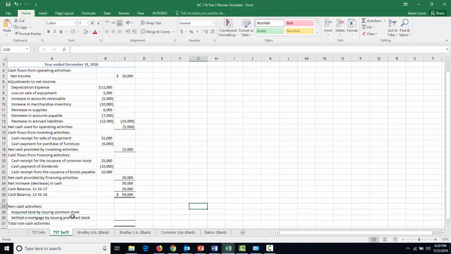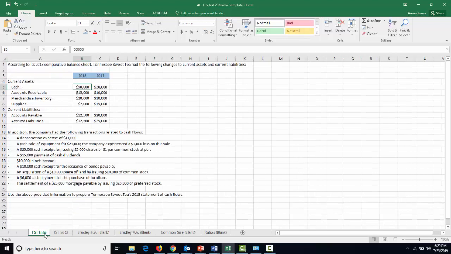Let's go find the sum of those two numbers, and that was going to be for the acquisition of land by issuing common stock, it was $10,000, and for the mortgage, getting rid of that for preferred stock, it was $25,000.